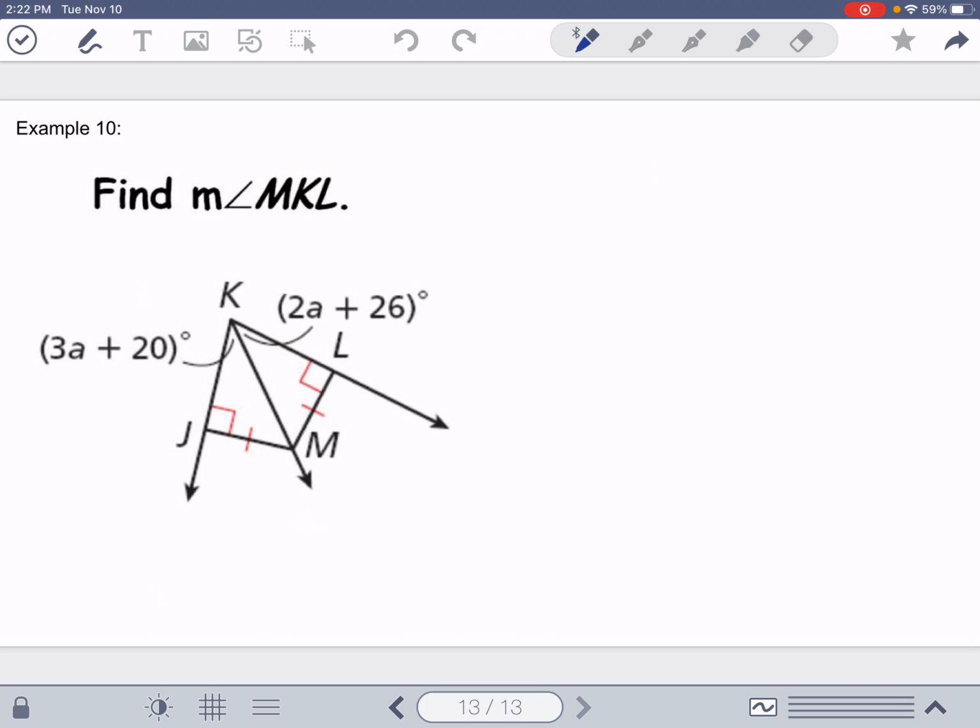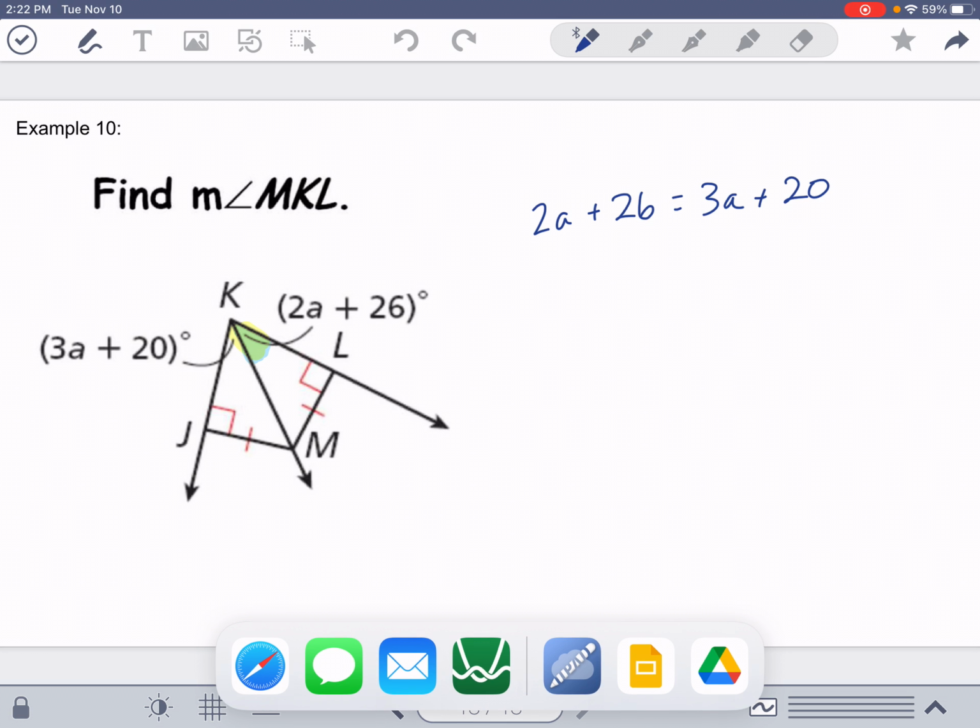I've got to find the measure of angle MKL. So that would just be this one right here highlighted, MKL. That's kind of hard to see that. There we go. Is that a little bit better? So those two angles are congruent. So 2A plus 26 equals 3A plus 20.